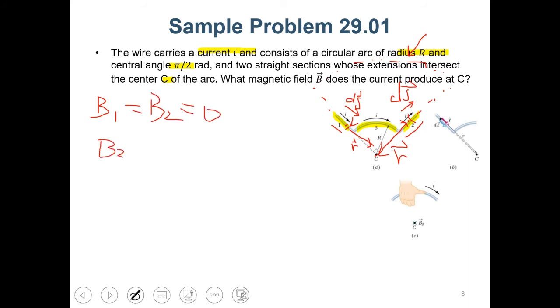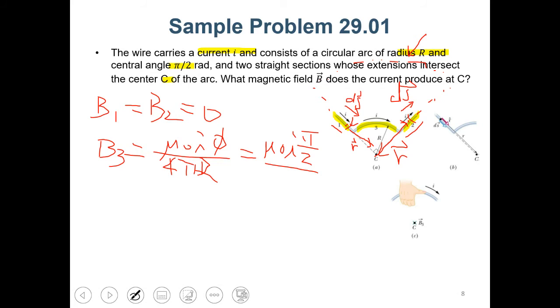And B3 would be mu0 I phi over 4 pi R. So mu0 I, and phi is 90 degrees, pi over 2, so we have 4 pi R here.